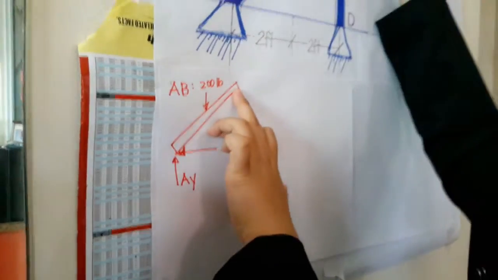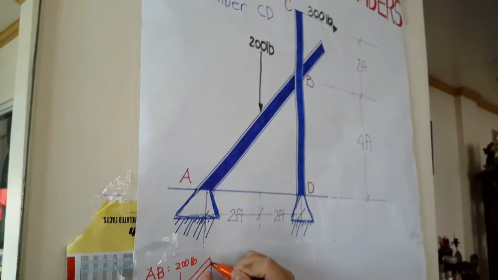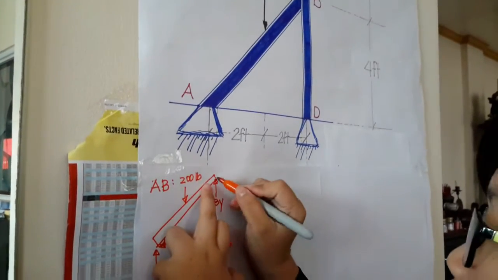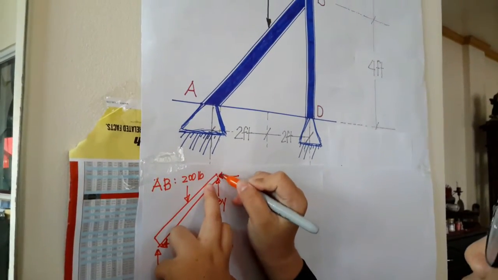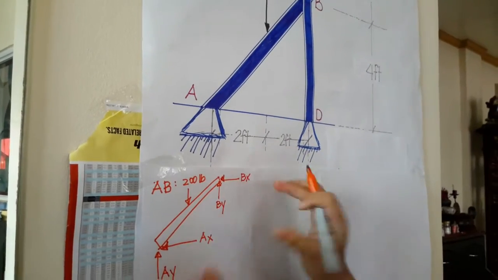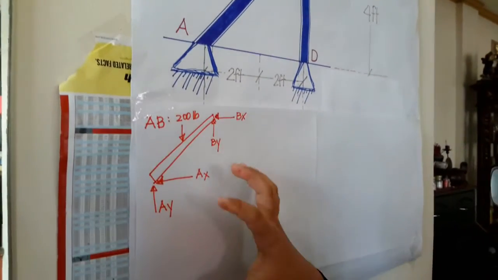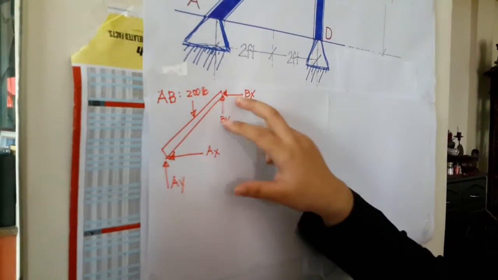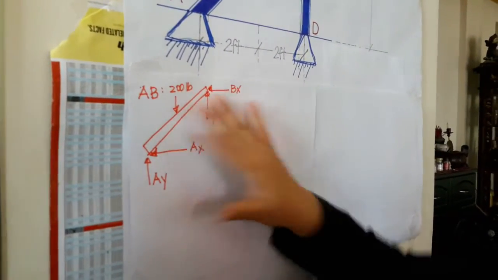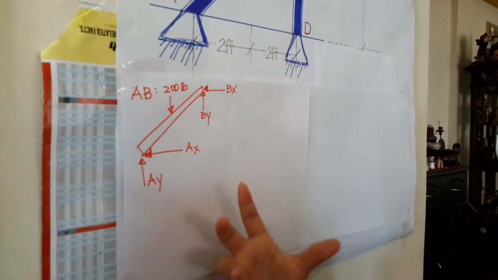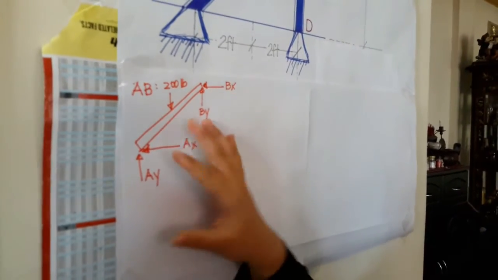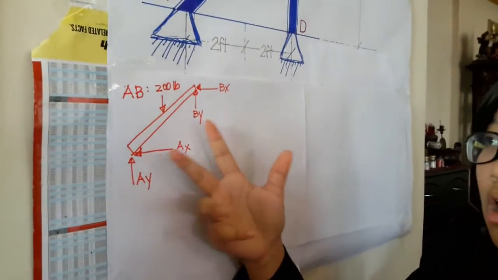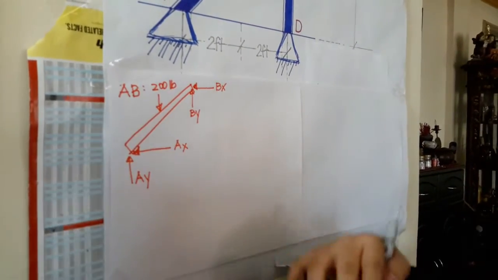At point B, we have By, the vertical force, and Bx, the horizontal force. I assumed the directions of the forces this way. You can also assume directions, because it will not affect the final answer except for the direction.